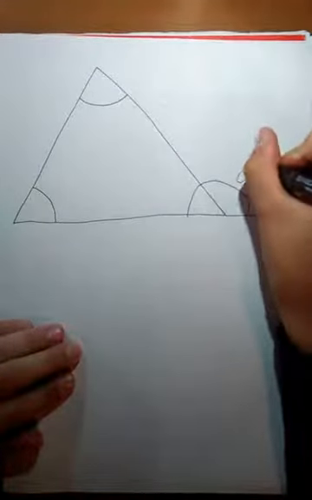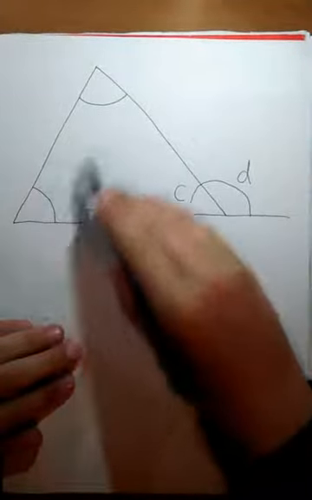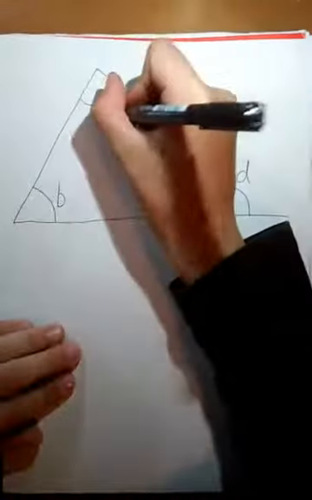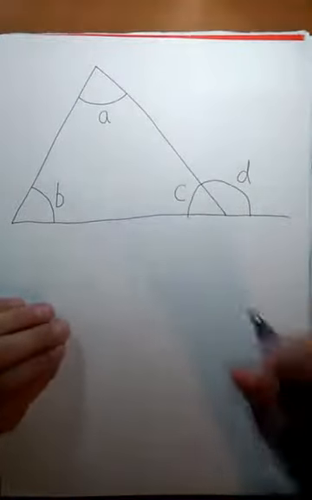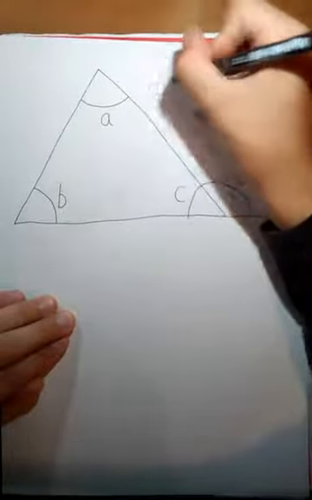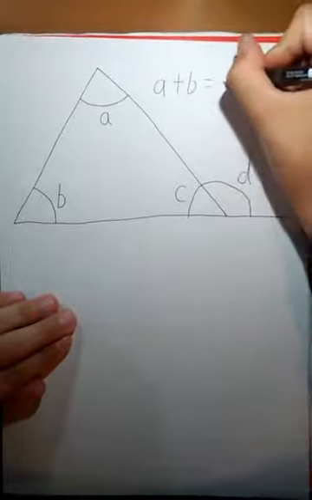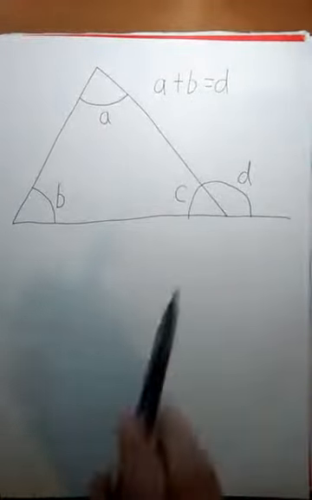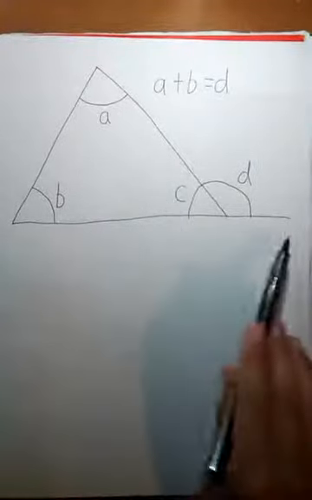This would be D, this would be C, and these two would either be A or B. Now, this formula is A plus B equals D. Now, the reason this works is because there's 180 degrees in a triangle and 180 degrees on this straight angle.